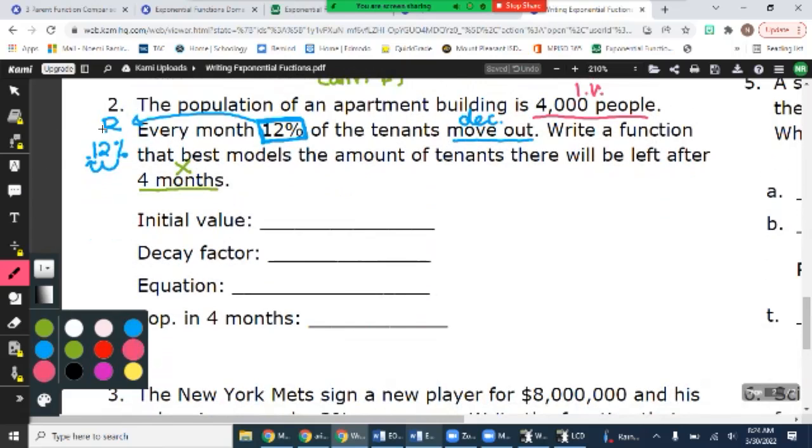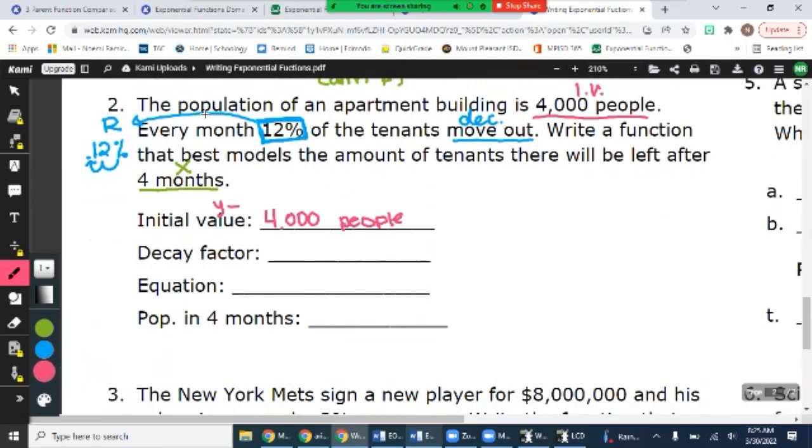All right, let's start answering the questions. What is my initial value? 4,000 what? People. My initial Y value is 4,000 people. So my Y values describe people. All right. The decay factor, it's asking specifically for the factor, not the rate.